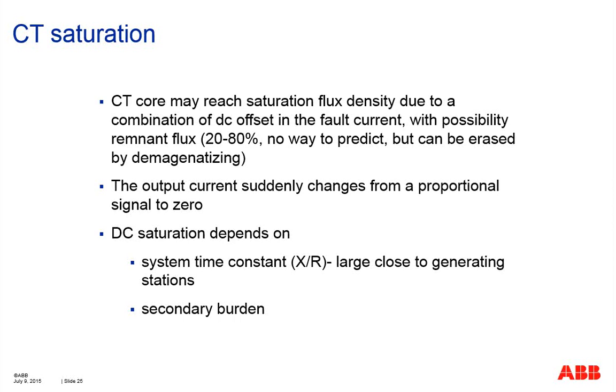So the closer to a big chunk of inductance, such as in the proximity to a generator or to a big transformer, the larger the X over R ratio, which will increase the likelihood of CT saturation.